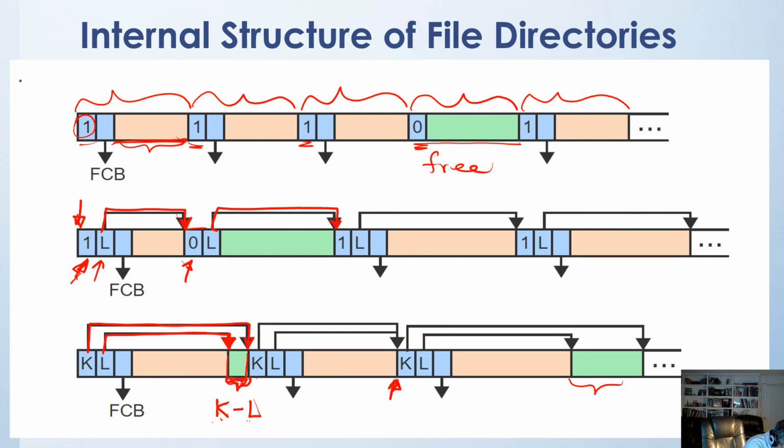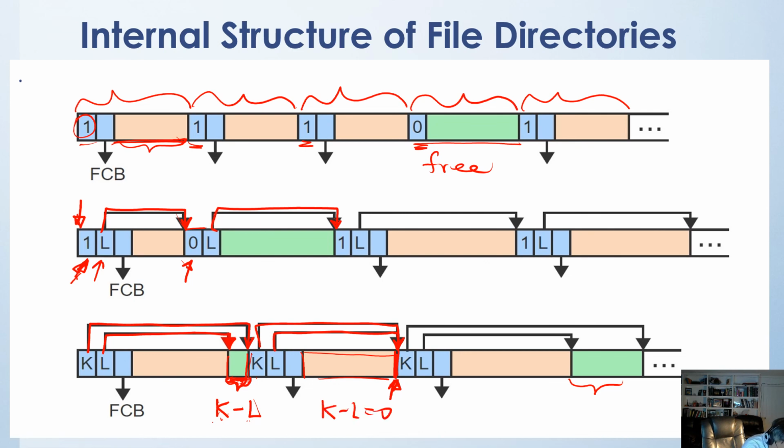In this case, the hole is small, so maybe it's useless. But if the hole is big, then you may accommodate another entry. Again, K points to the end of the entry, and L points to the end of the file name. In this case, the file name takes the whole space, so K minus L equals 0.